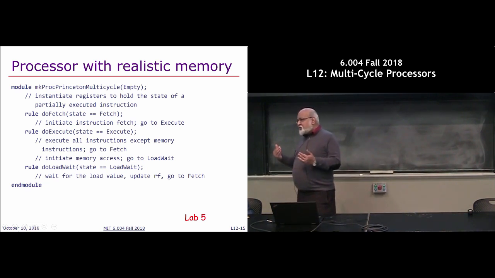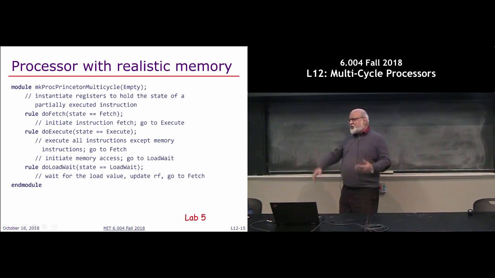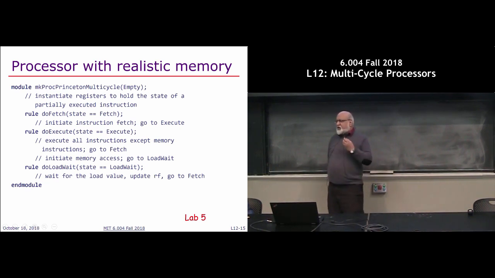It's resilient regardless of how long it takes for the memory to respond. This rule can fire only when the data is available. That's coming because of ready signals and enable signals, etc. So you are always waiting for all the guards implicitly. And one of the guards here is for the get from memory instruction.